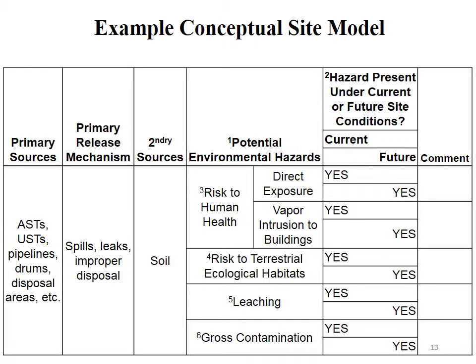As the pictorial conceptual site model, it includes sources, release mechanisms, potential hazards, and whether it's potentially present under current or planned future land uses.